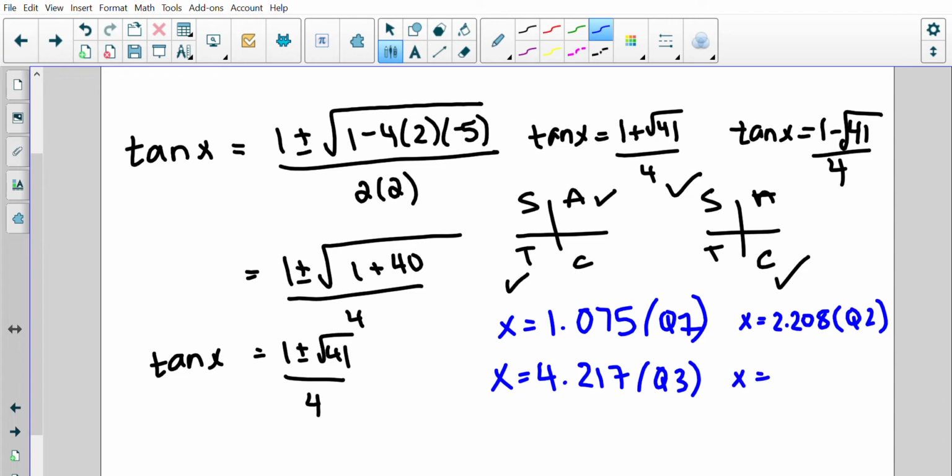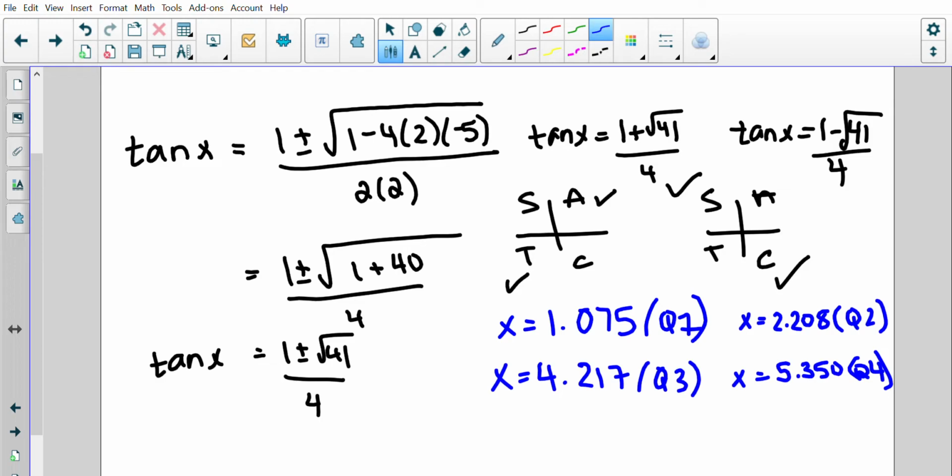And then we have to do 2 pi minus our stored x to get where we are in quad 4. And that should give you 5.350. So 5.350, that's your answer in quad 4.